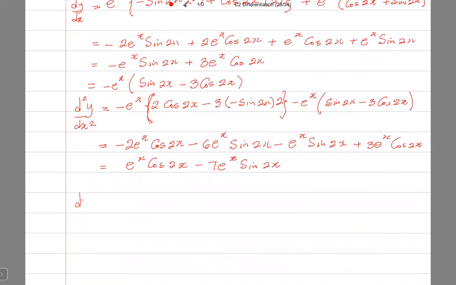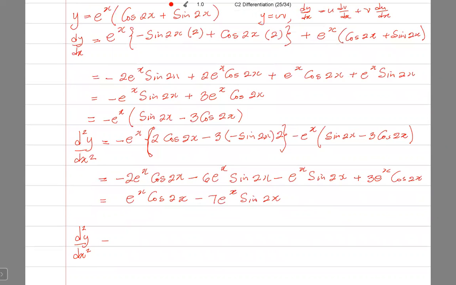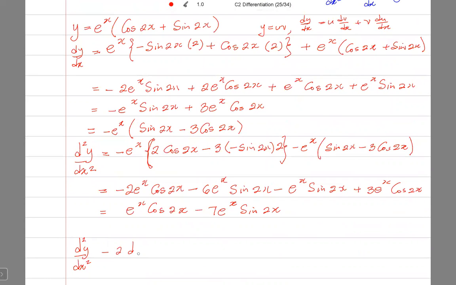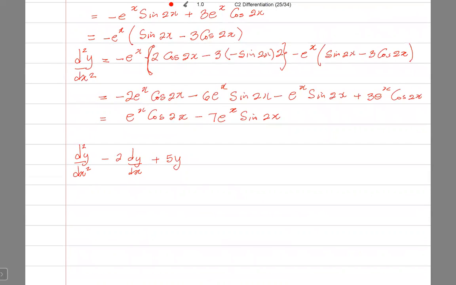So it's d2y by dx squared minus 2 dy by dx plus 5y, which would be equal to e to the x, the cosine of 2x minus 7e to the x, the sine of 2x, that's d2y by dx squared, minus 2.